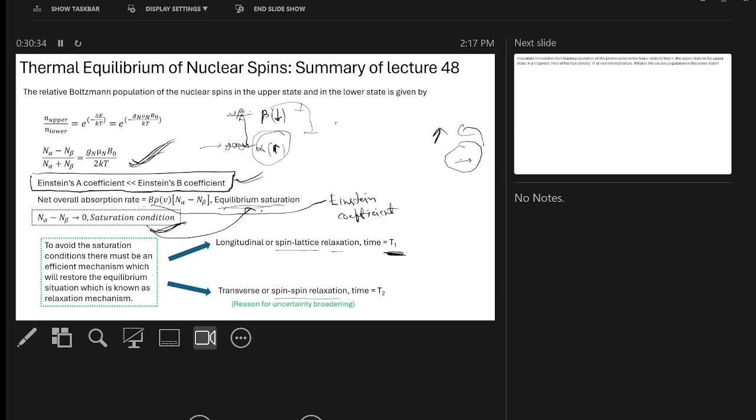Let's say we plot like this. This broadening is called uncertainty broadening, and it happens because of spin relaxation. Okay. So based on this summary of the lecture note, we will try to solve a few problems.